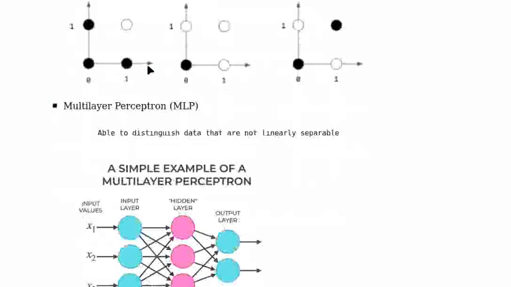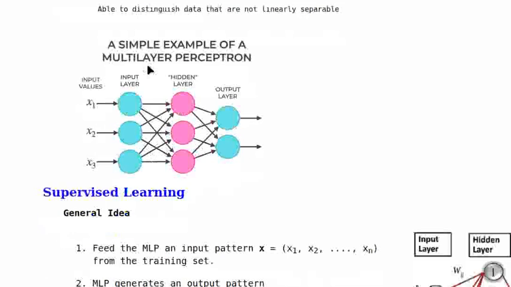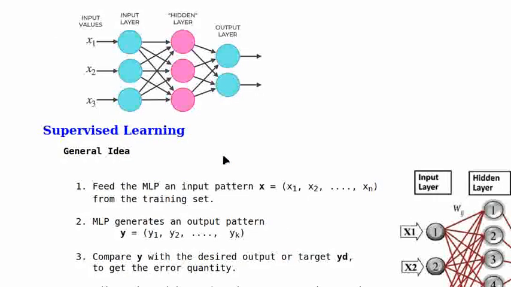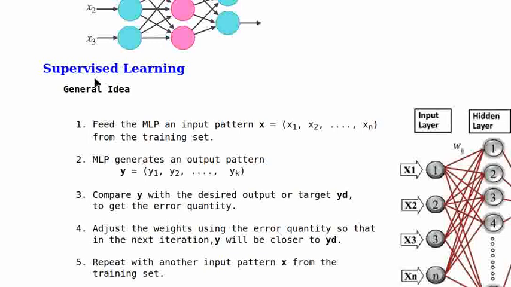So we discussed the principles of MLP. Basically, an MLP consists of an input layer, one or more hidden layers, and an output layer. It is a kind of supervised learning.